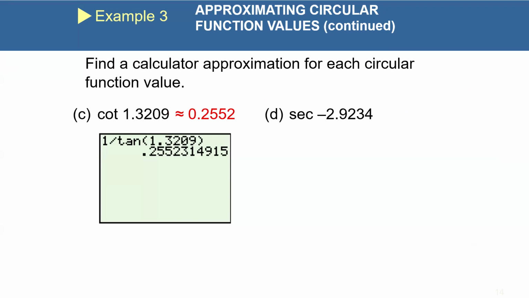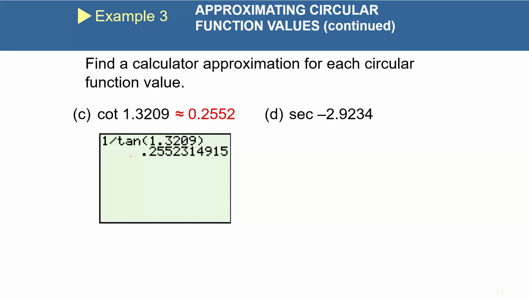reciprocals, you have to put 1 over that because it's the reciprocal, remember? So if I'm looking for cotangent, it's the reciprocal of tangent. So it's 1 over tan. There's no cotangent button, so you have to put 1 over tan 1.329, because it's the reciprocal of tangent.